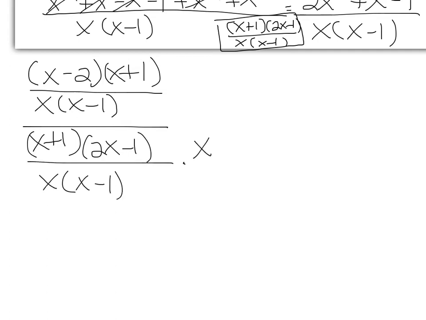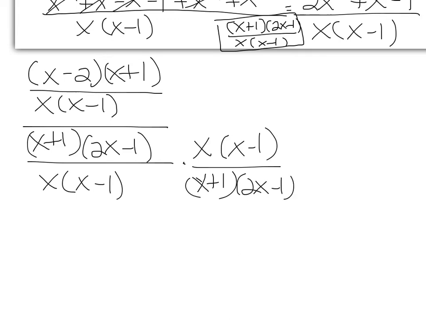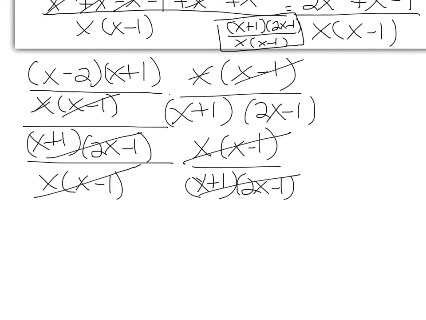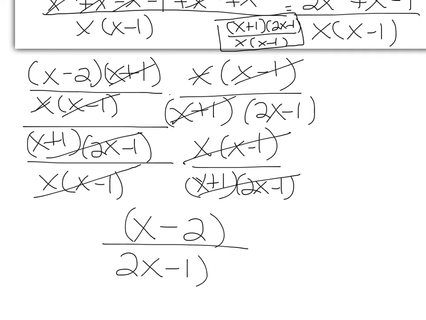So multiply by the reciprocal of the denominator and see what cancels. All of this in the denominator will cancel. And then this x cancels this x, this x minus 1 cancels this x minus 1, this x plus 1 cancels this x plus 1, and you're just left with x minus 2 over 2x minus 1.